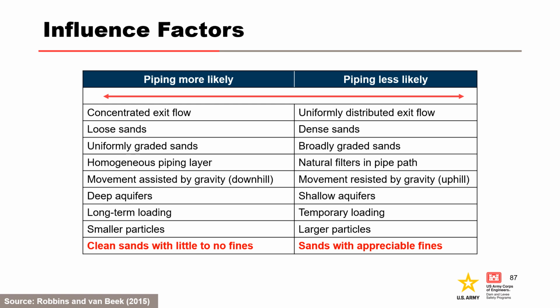All other parameters remaining the same, the likelihood of backward erosion piping is decreased by increasing fines content, decreased by increasing coefficient of uniformity, decreased by increasing particle size, decreased by increasing relative density, decreased by decreasing permeability, decreased by angularity of the particles, and increased by increasing thickness of the piping layer, increased by presence of an underlying layer of higher permeability, increased by increasing horizontal to vertical permeability ratio, increased by increasing potential defects in the confining layer, and lastly, probably not significantly affected by confining stress in the erodible layer.